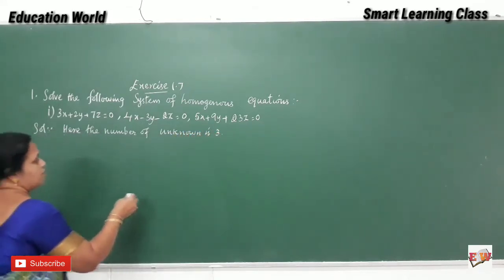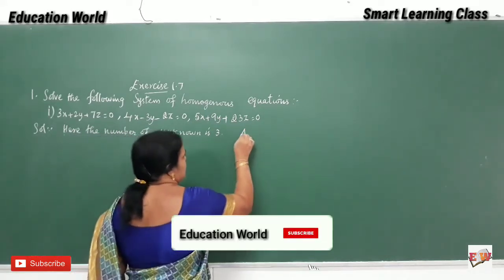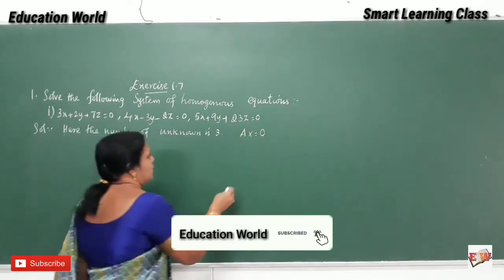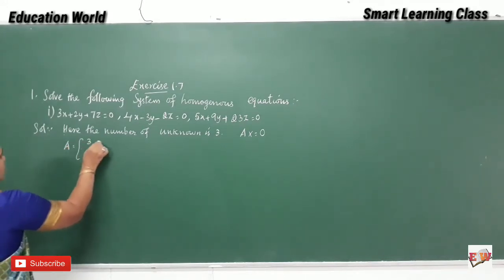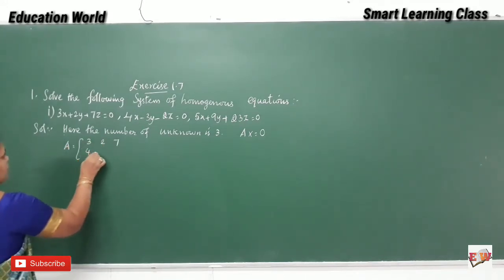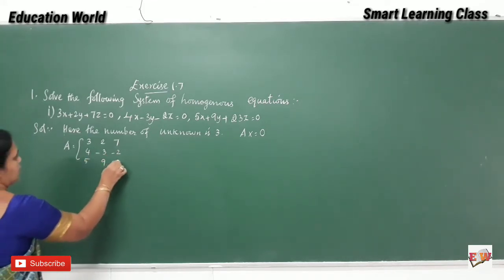The matrix form of the system is Ax = O, where A is [3, 2, 7; 4, -3, -2; 5, 9, 23].